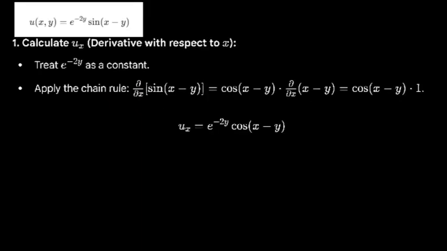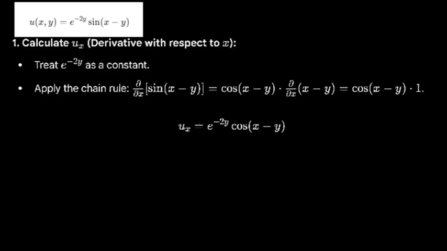Now let's find ux, which is the same as du over dx, but remember, we are talking about partial derivatives, okay? So we find the partial derivative with respect to x of our proposed solution, that is u equals e to the power negative 2y sin(x minus y).